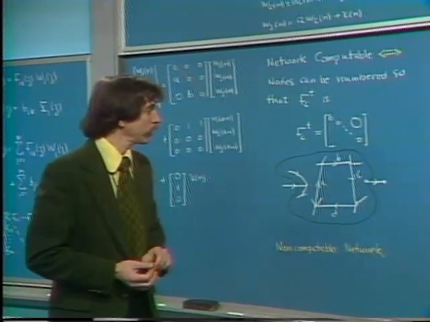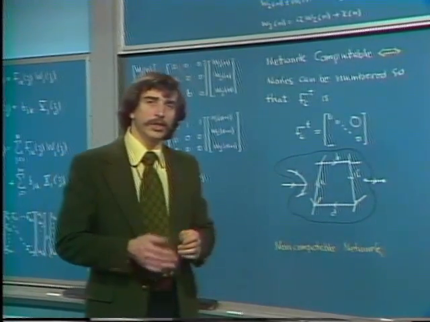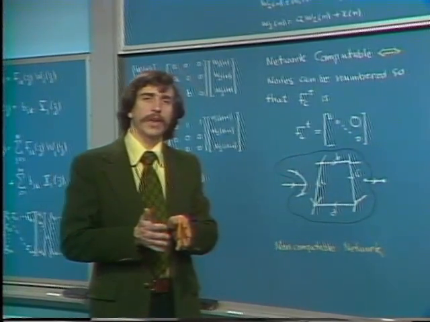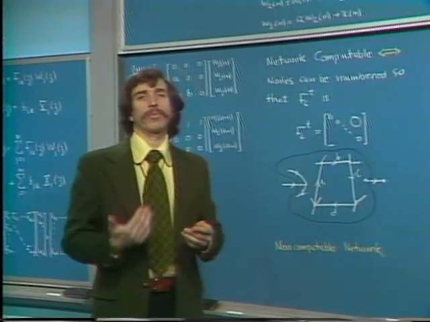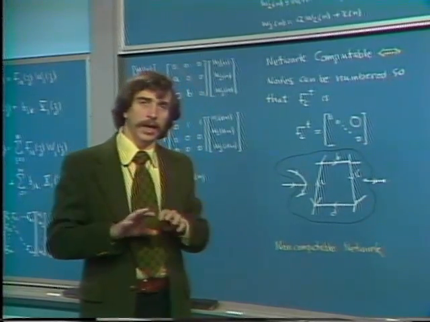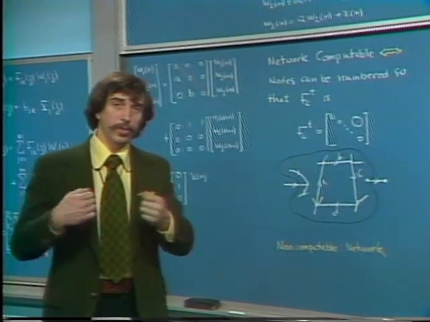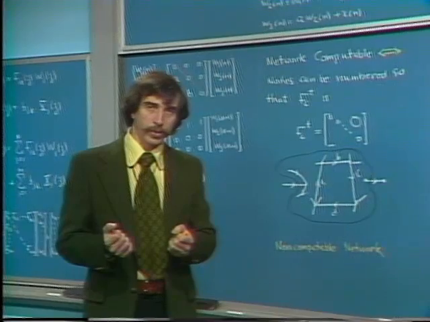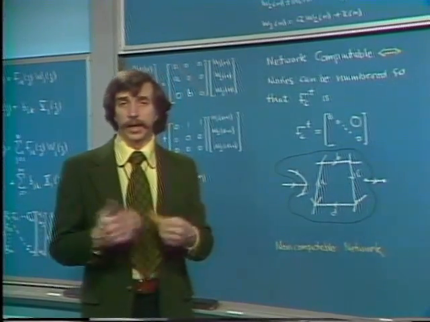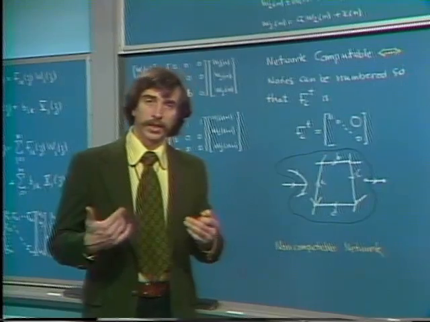etc. Well, this issue of non-computability is just one brief glimpse, in fact, into the kinds of network properties that can be pulled out of either the signal flow graph representation and properties of signal flow graphs or out of the matrix representation. As I indicated at the beginning of the lecture, we won't be exploiting these kinds of properties.